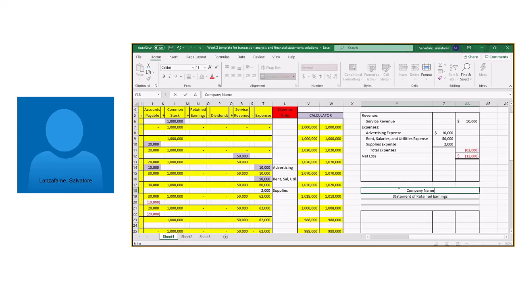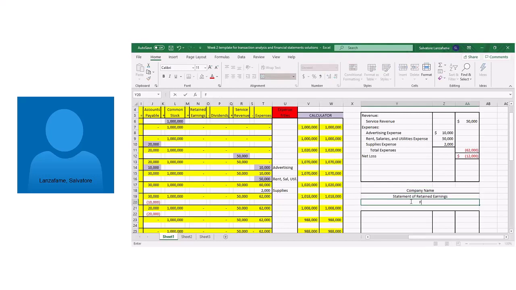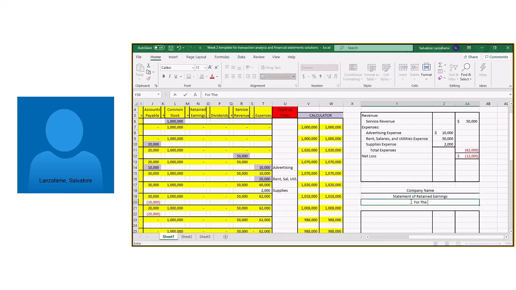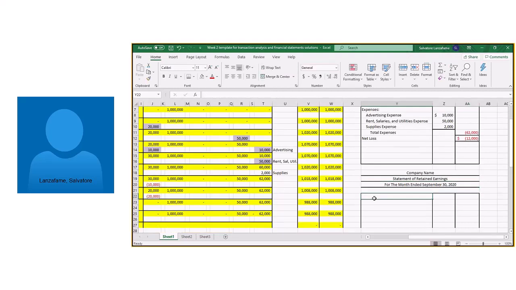So name of the company, company name, retained earnings for the month ended September 30th, 2020. And now we're going to start off with our beginning retained earnings. So at the beginning of the month, 9/1/20, the beginning amount was 0.